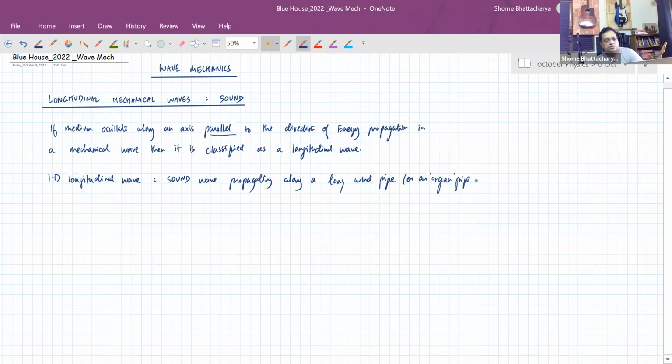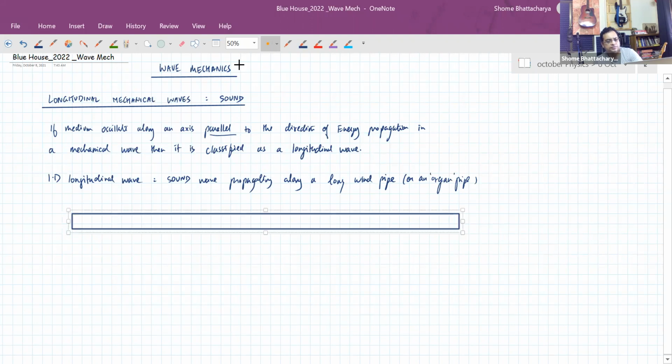And by long, we mean it should be literally extremely long, so that the other end of the pipe is at x tending to infinity.